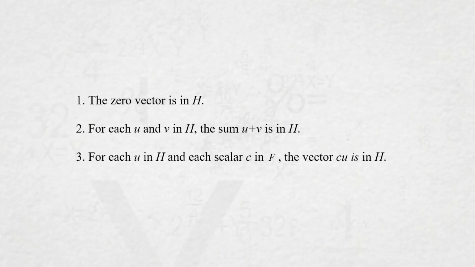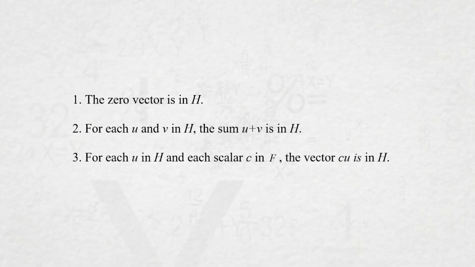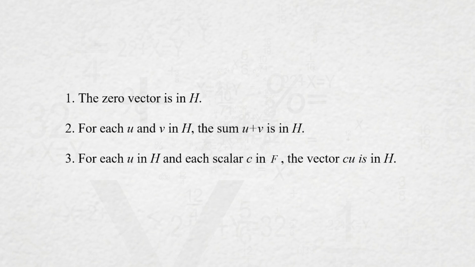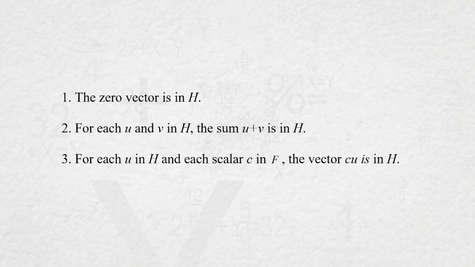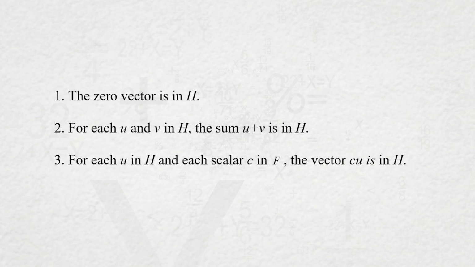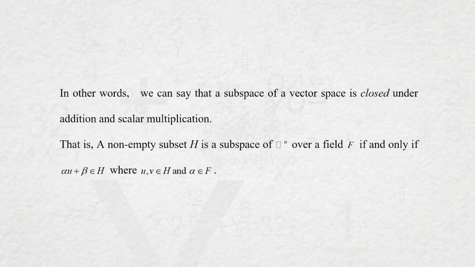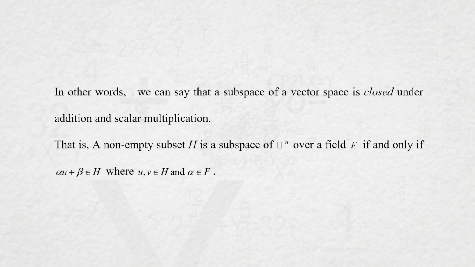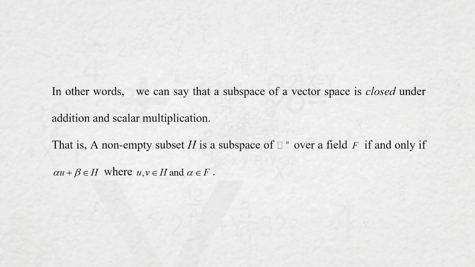Definition 1. A subspace of R^n over a field F is any set H in R^n that has three properties. The first one is the 0 vector is in H. For each u and v in H, the sum u plus v is also in H. And the third one, for each u in H and each scalar c in F, the vector cu is in H. In other words, we can say that the subspace of a vector space is closed under addition and scalar multiplication.